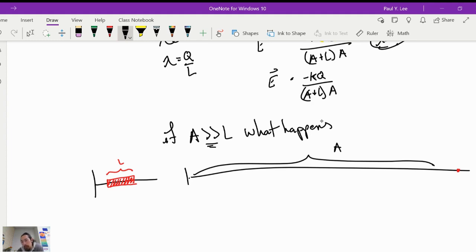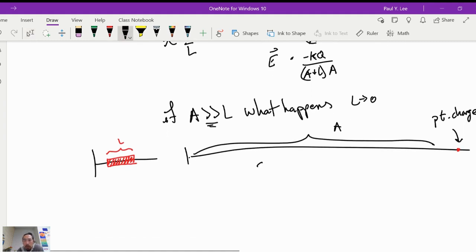Now, mathematically, this is where we can do a little bit of hand waving, and our prowess in math really shows off. When this happens, we can say L basically approaches a numerical value of 0. It simply doesn't exist. Now, from a conceptual point of view, we still have a rod there, but if we take a look at it, this cylinder essentially becomes a point charge. And we know what the formula for a point charge is. We started off this entire video with that.